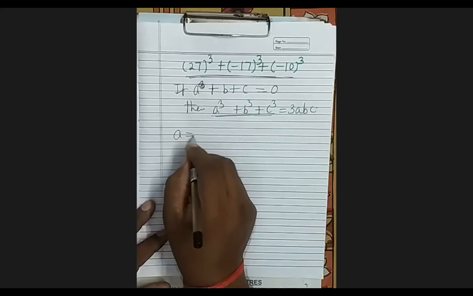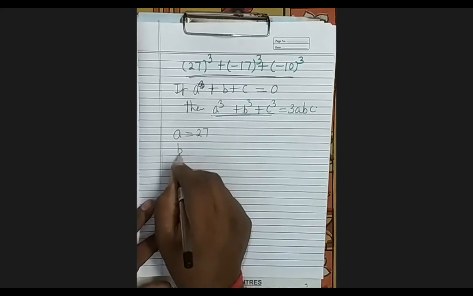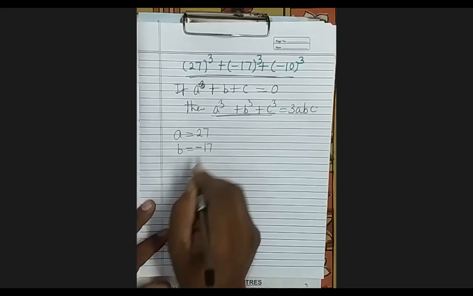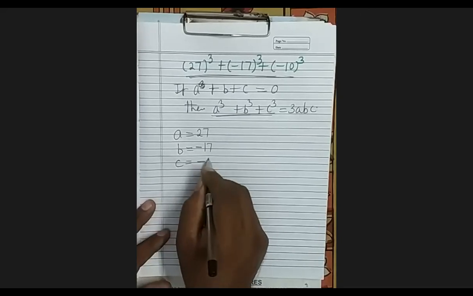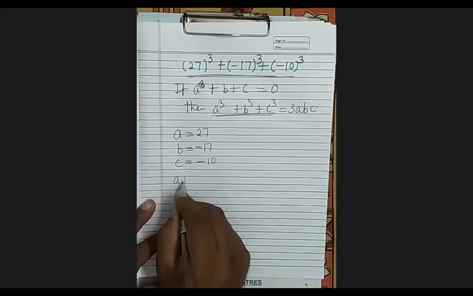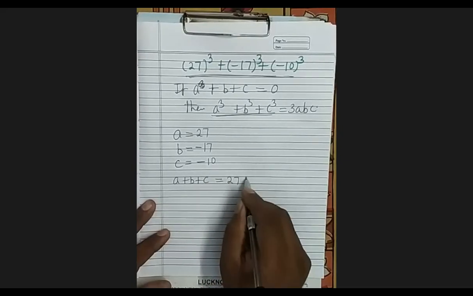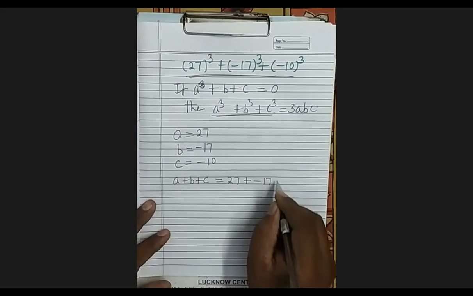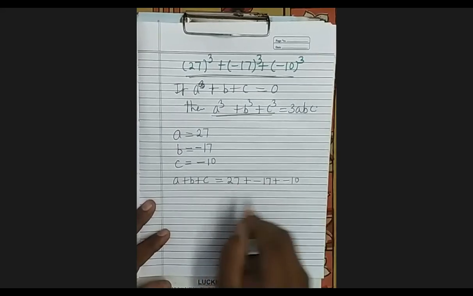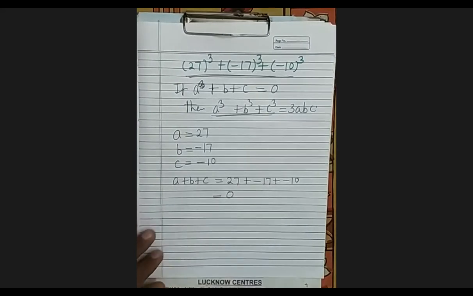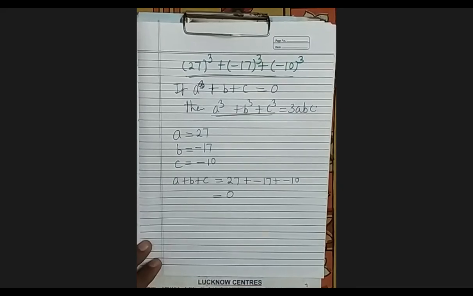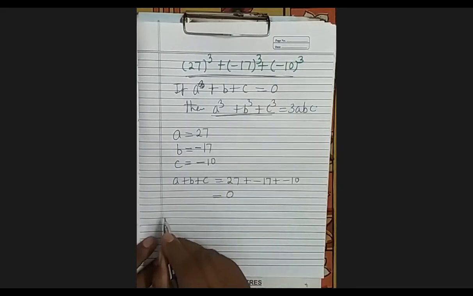In place of a 27, in place of b minus 17, and in place of c minus 10. So what is a plus b plus c? 27 plus minus 17 plus minus 10 equals to 0. So therefore the formula will be applicable.